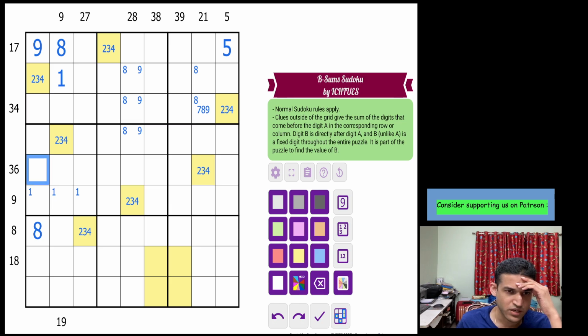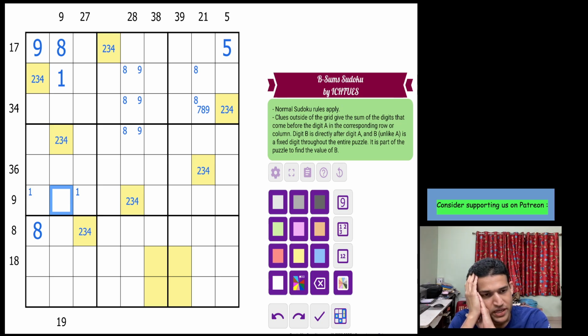Okay, up until here I have 36. So these 3 cells add up to 9, and I don't think I can do further there. So these 3 cells add up to 9 again. So 1, 2, 6 or 1, 3, 5. Okay, so 1 isn't here due to Sudoku rules. So again, nothing much there.